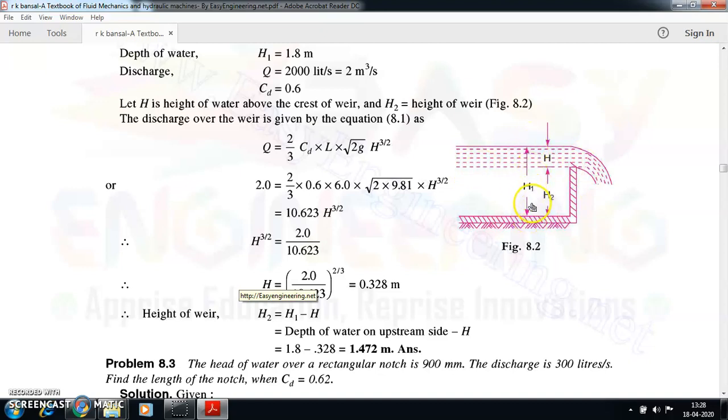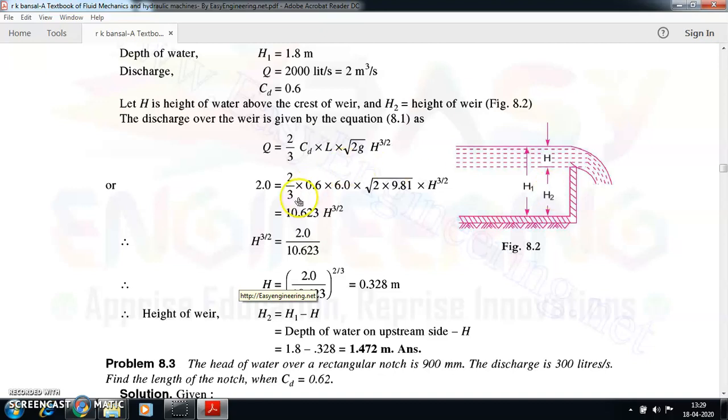This is the total depth, H1, from the bottom of the weir to the top of the water. H1 minus H will give you H2, so this H2 is the height of the weir. I have to calculate H to find H2.